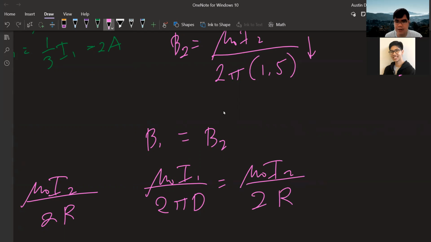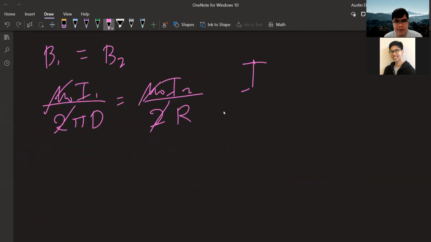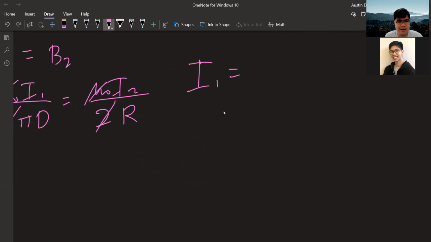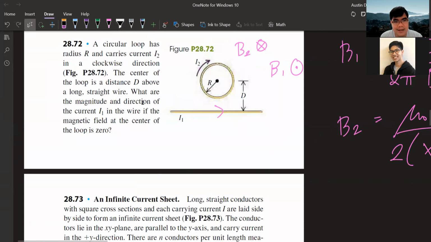So we can cancel mu naught over 2. Therefore, the current I1 I need to run through the straight wire is I2 times pi d over R. Okay. Simple. Easy, right?